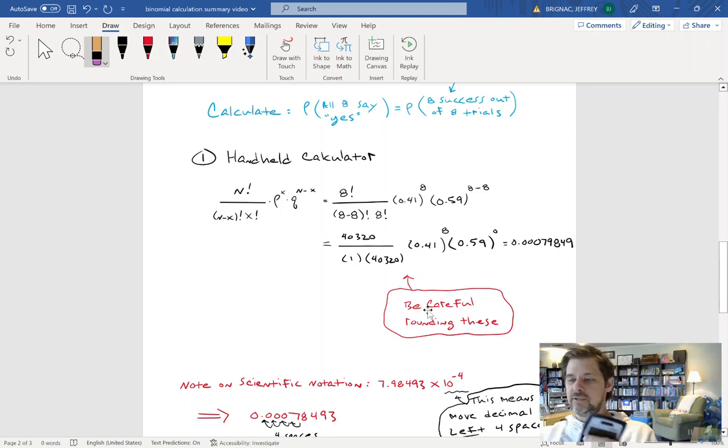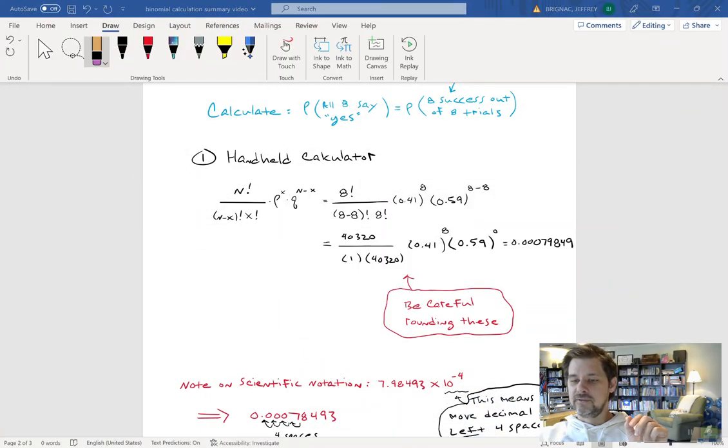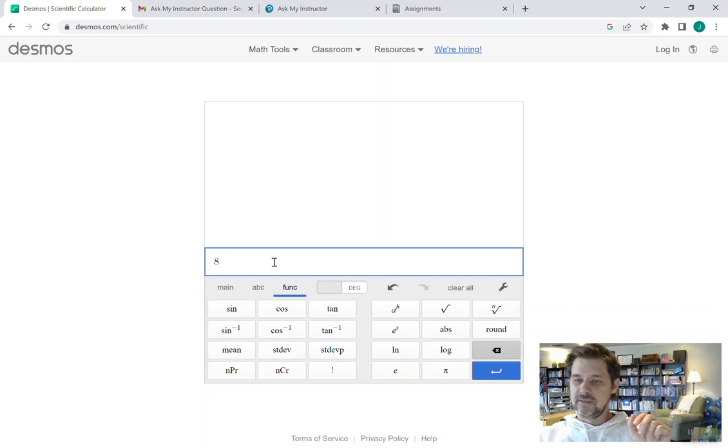Now, I can't really show you very well what the functions and keys on my calculator look like, so we'll do it like this. Here's an online calculator, and see that exclamation point? That's the factorial button, okay? So if I wanted to do 8 factorial, I would have to type in 8 and then hit that key. If you have a handheld scientific calculator, somewhere either on one of the keys or in the menus, it will have that exclamation point.